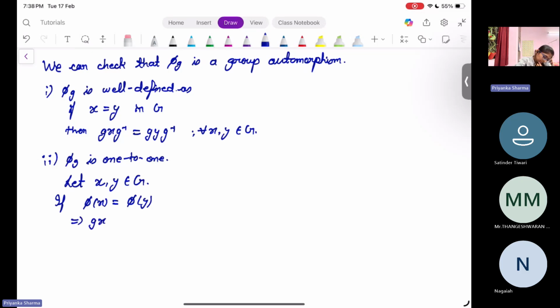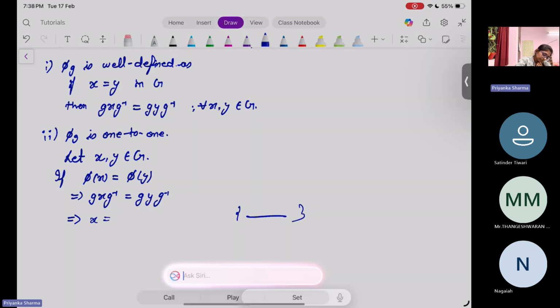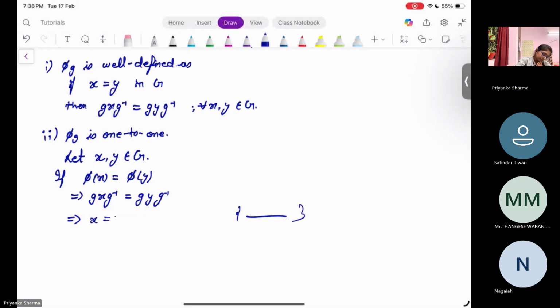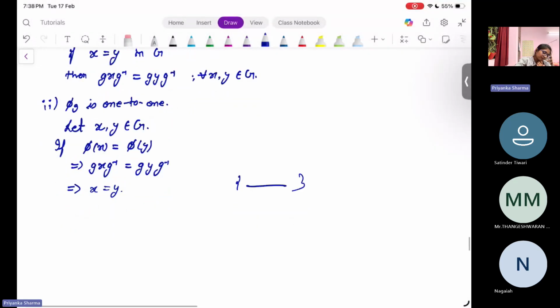First of all, this will be gxg inverse is equal to gyg inverse by the definition of phi. By left cancellation and right cancellation law, okay, you can get x equals to y. Okay, it means the map phi g is 1 to 1.